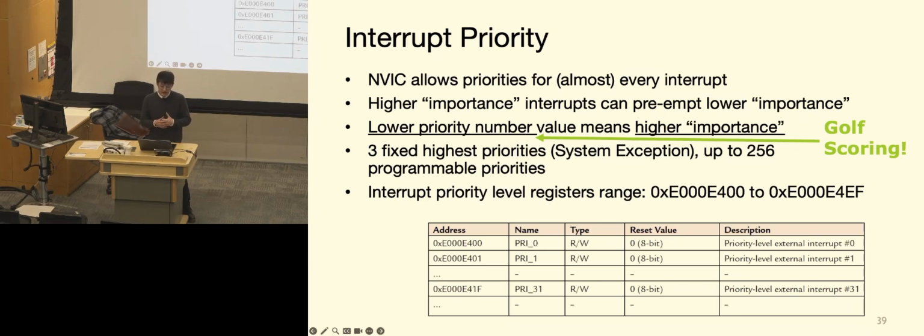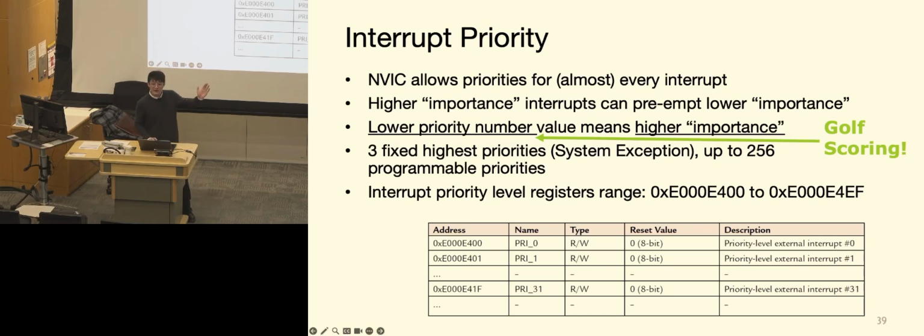Essentially, more important interrupts can preempt less important ones. If a lower-priority interrupt is executing and something more urgent happens, that can interrupt it. The higher one goes first. And we're using what they call a reverse scale. I'm not super familiar with the term, but basically the lower number means higher priority.